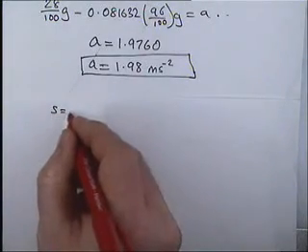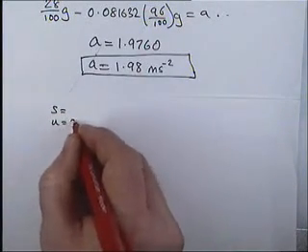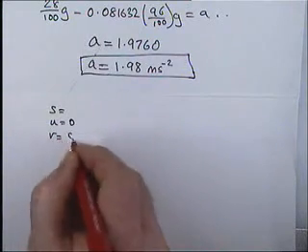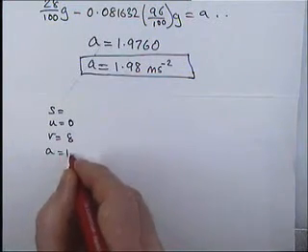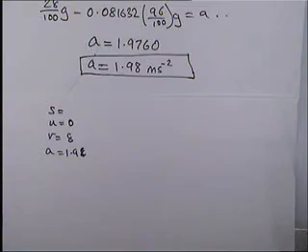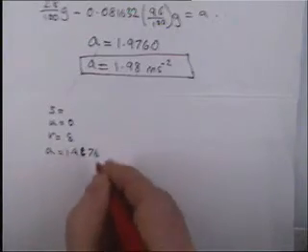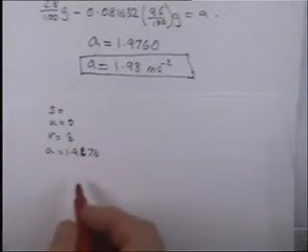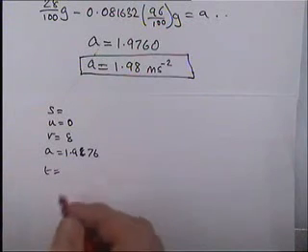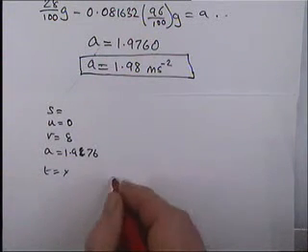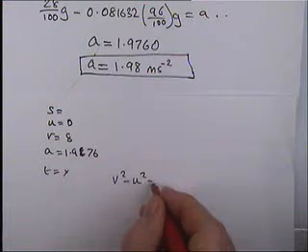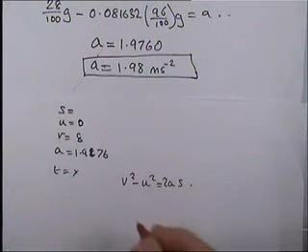So s is what we're trying to look for. The initial speed is 0, the final speed is 8, the acceleration is 1.976, and t we don't know, so again we're going to use v squared minus u squared equals 2as.